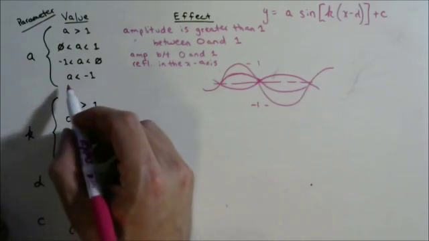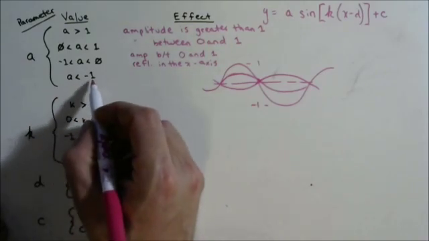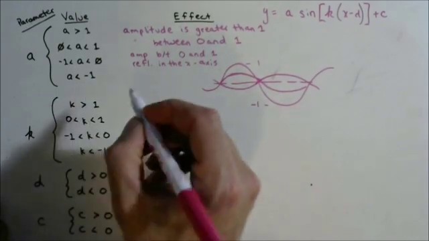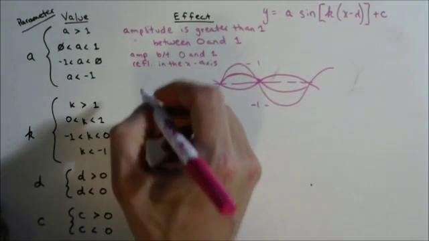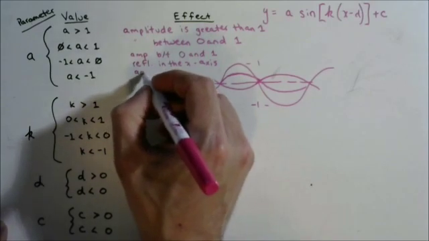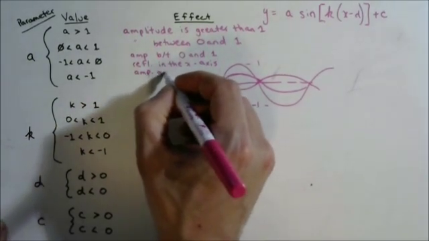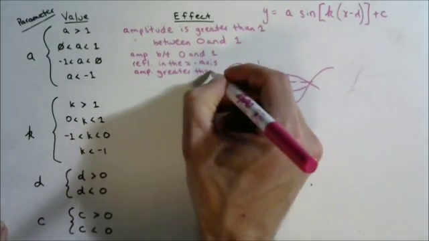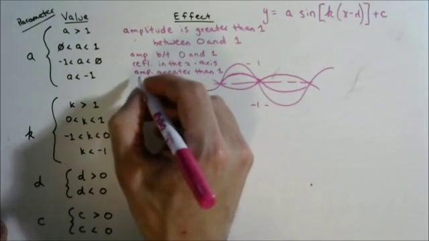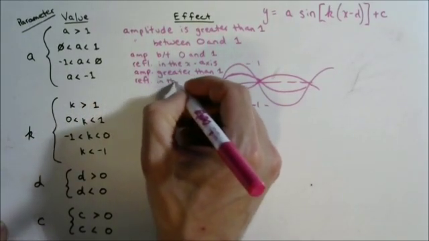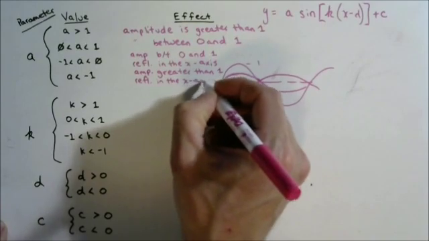And then if we go for an amplitude that is less than -1, so its absolute value is greater than 1, but it's in the negatives. And so it's going to do two things. It's going to do a vertical stretch. So we're going to say that it has an amplitude greater than 1, and it's going to be a reflection in the x-axis.